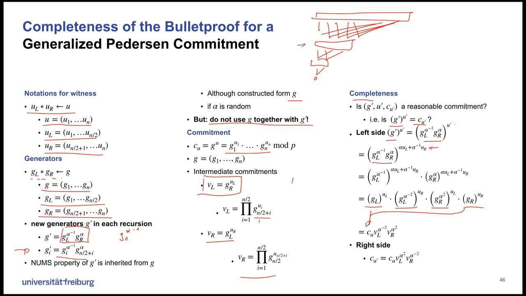And these are exactly the things which are coded in here: GL to the power of UR, I just switch positions here, which is VL, and GR to the power of UL, and I switch the position of alpha squared. So that's the left side and the right side. It was defined the same way.